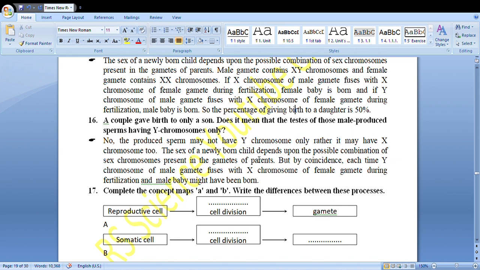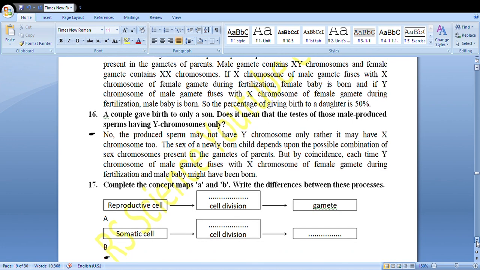The sex of newly born baby depends upon the possible combination of sex chromosome present in the gametes of parents, but by coincidence, each time Y chromosome of male gamete fuses with X chromosome of female gamete during fertilization, and male baby might have been born. Complete the following concept map.